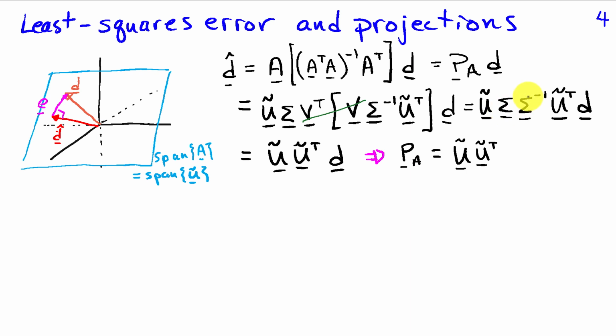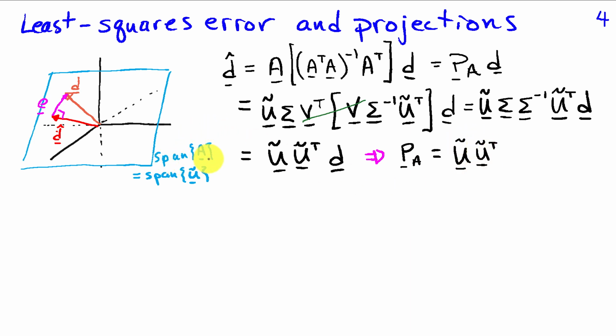That just gives us the identity. And so this all simplifies to U tilde times U tilde transpose times D. And this implies that the projection matrix onto the space spanned by the columns of A is also expressed as U tilde times U tilde transpose.